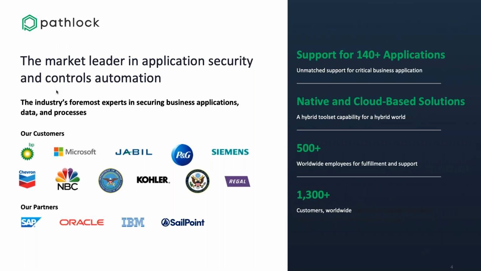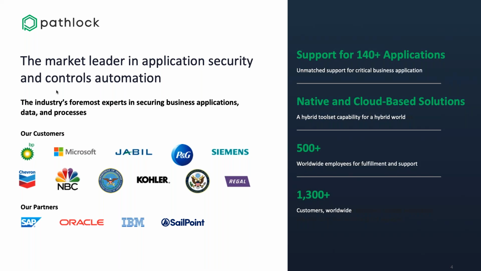So I thought I'd do a brief introduction of who Pathlock is, what we are really approaching the market with, what we're able to do, and give you just a brief intro. Pathlock really is a market leader in application security and controls automation. You can see some of the customers that we work with there, and also some of our partners. We've got native and cloud-based solutions and support for over 140 plus applications.